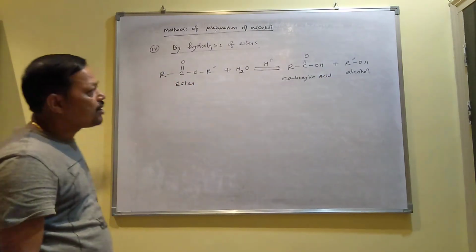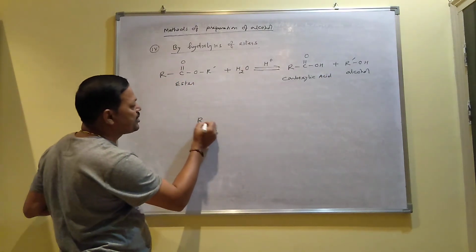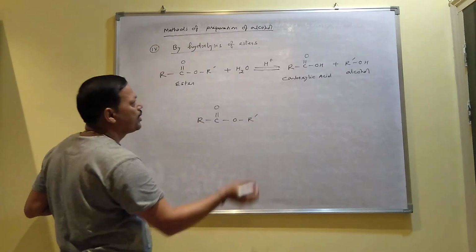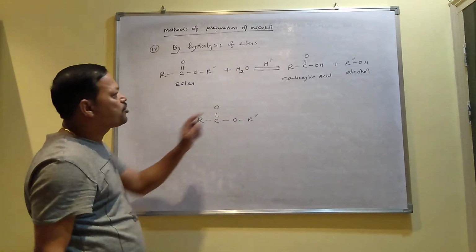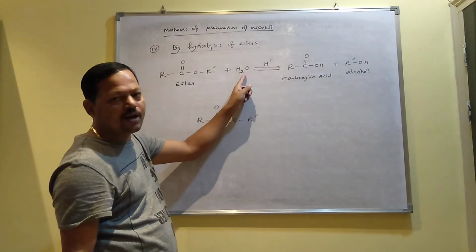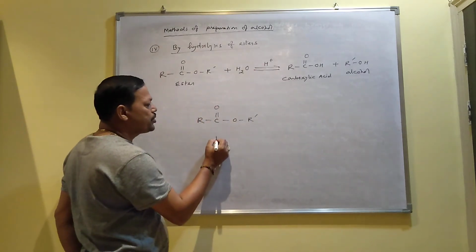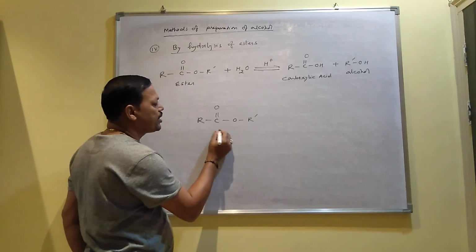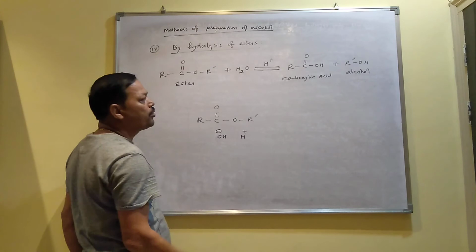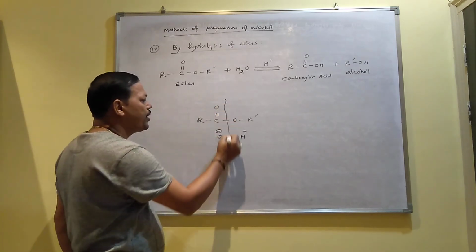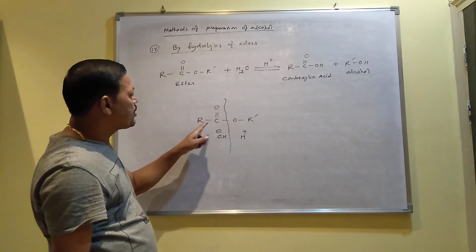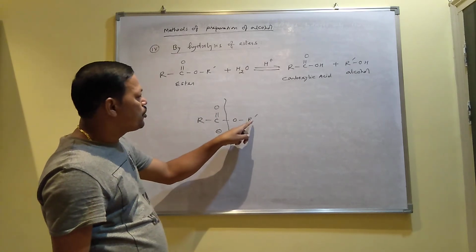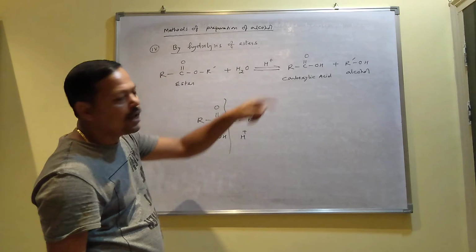If you want to understand about this reaction, actually this reaction takes place this way: RCOOR', and I have added water in presence of acid. In presence of acid, water undergoes decomposition and produces H+ and OH-. So this is your OH- ion and this is your H+ ion coming from water, and the ester will break in this position. It will form RCOOH, that is carboxylic acid, and it produces R-OH, that is your alcohol.